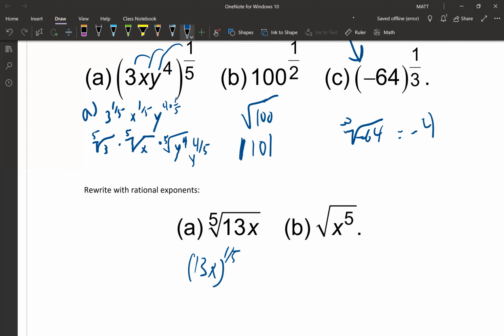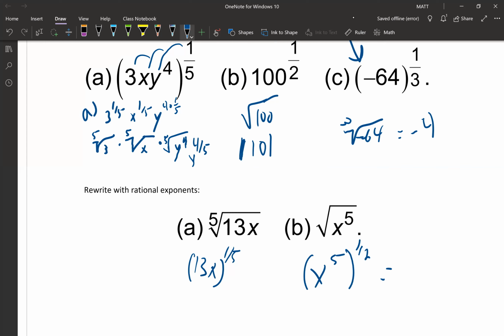Then on this one, we have x to the 5th, and that's square rooted. So if it's square rooted, it's raised to the 1/2 power. So you have x to the 5th raised to the 1/2 power. Okay. And when we have a power raised to another power, we multiply the exponents together.